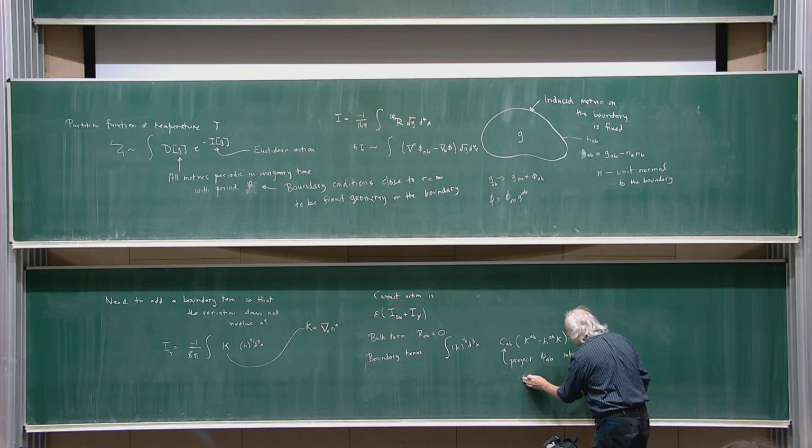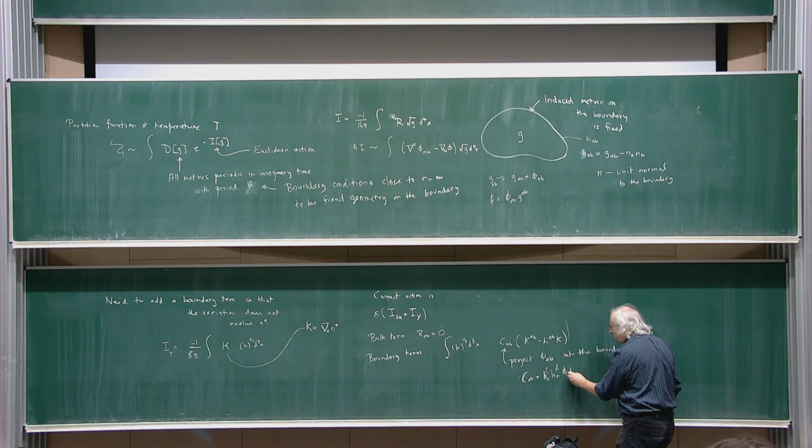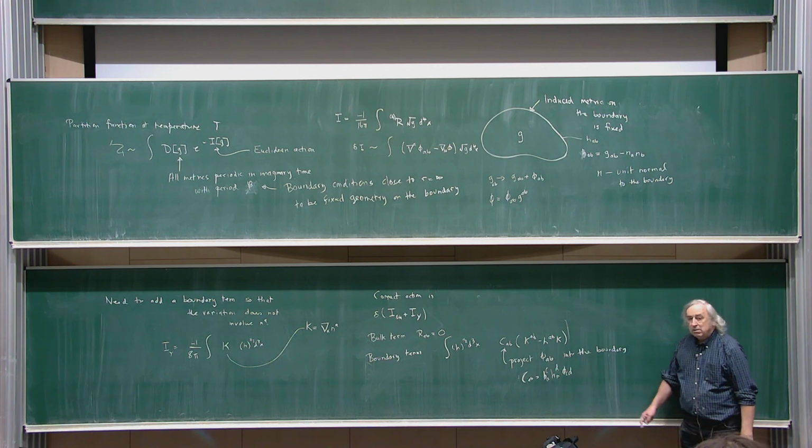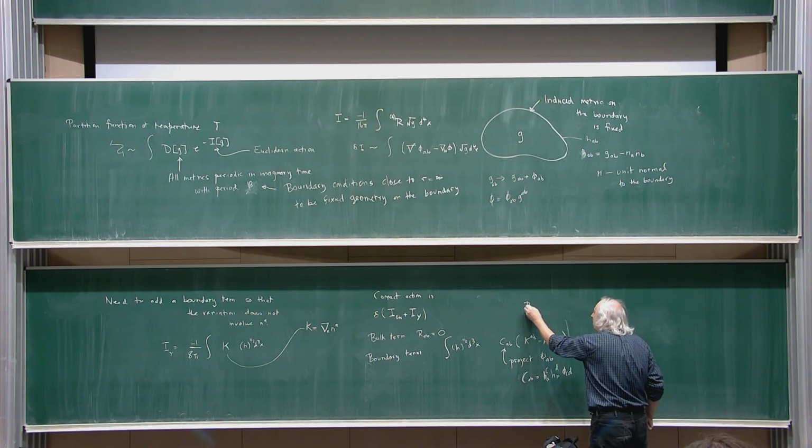So C_AB is equal to H_A^C H_B^D phi_CD. This term here is sometimes called the Brown-York stress tensor.